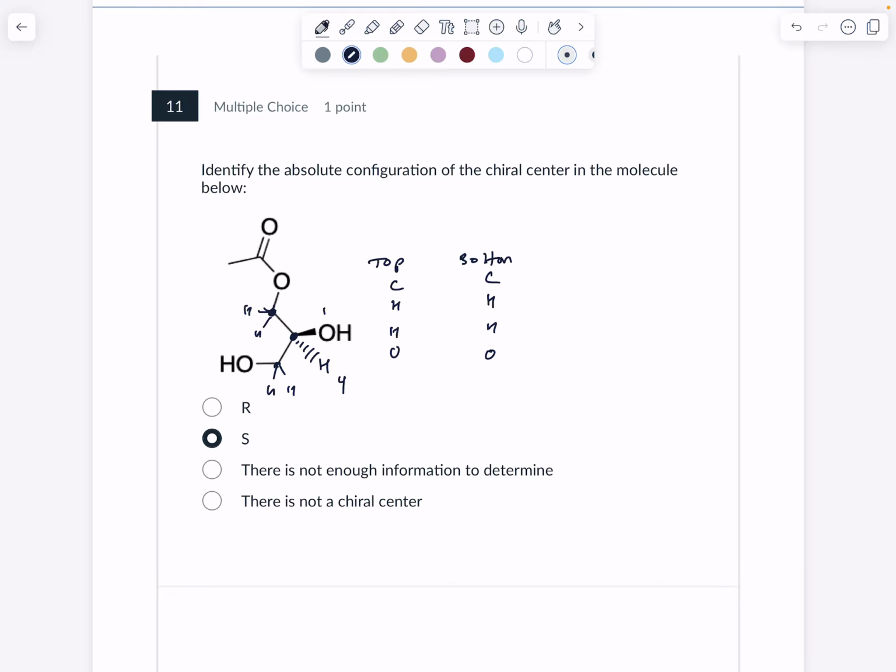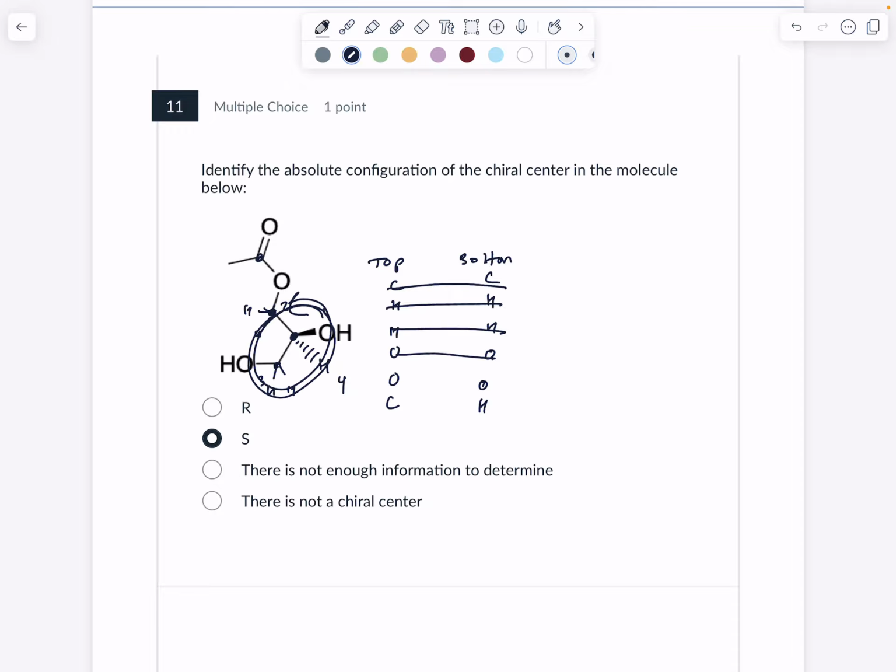Okay, so they're actually still all attached to the same thing, so that doesn't help us at all. So then we have to keep going down the chain. The top oxygen is attached to another carbon, whereas the bottom oxygen is attached to a hydrogen, not a carbon. So this group on the bottom is actually the lower priority, so we have 2 and then 3.